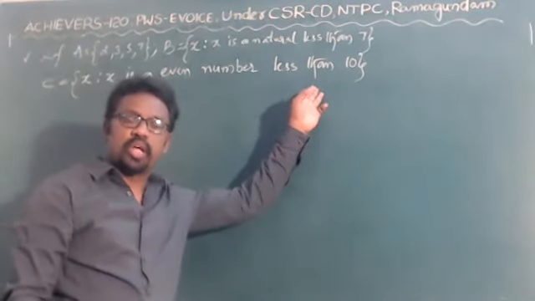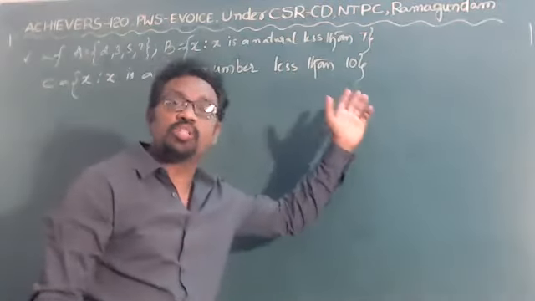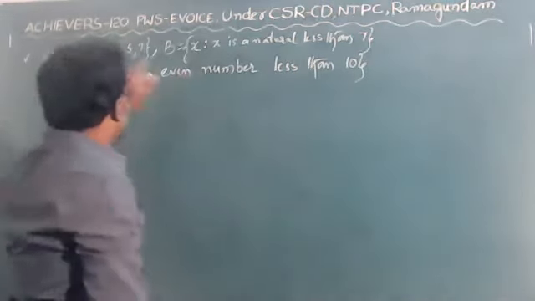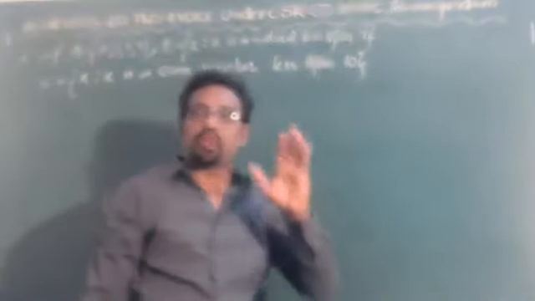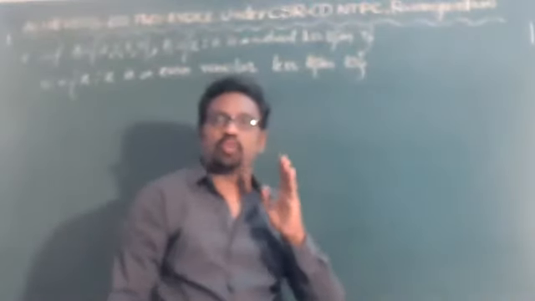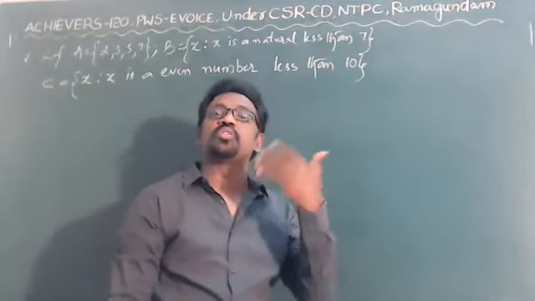If you want to do any problem, first of all you have to convert into roster form, like A is equal to some elements. If you know A is equal to some elements, B is equal to some elements, C is equal to some elements, then only can we do something.